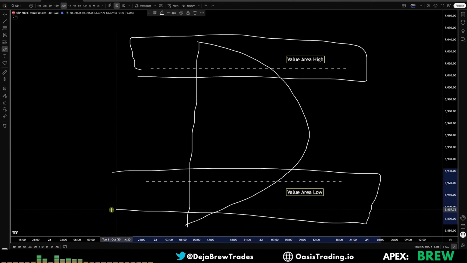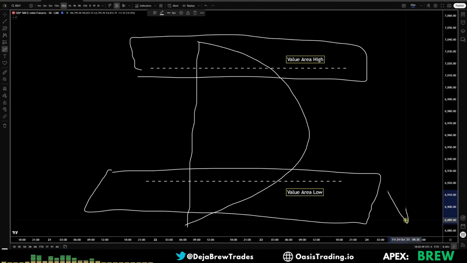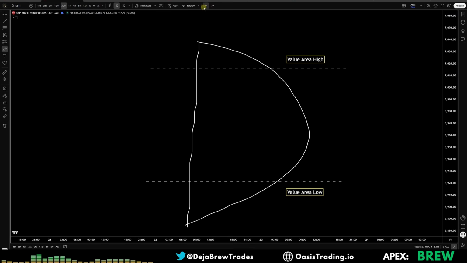In the general area of the value area low, we want to be a buyer. Because like I said, the breakout traders are failing to find lower value, and the breakout traders are failing to find upper value. The breakout traders are just continuously failing. It is more of a mean reversion type of day, so we want to go towards that mean, right? We want to look for trades that reverse back into that mean.